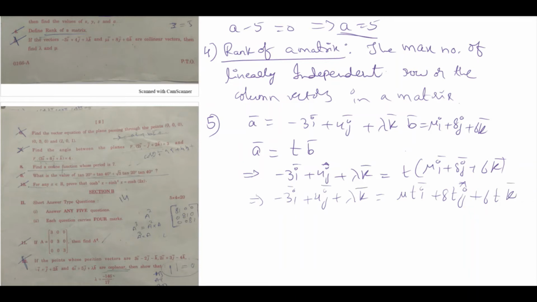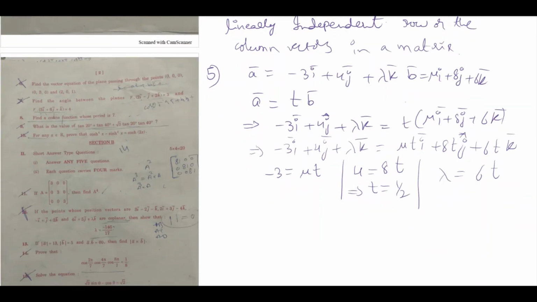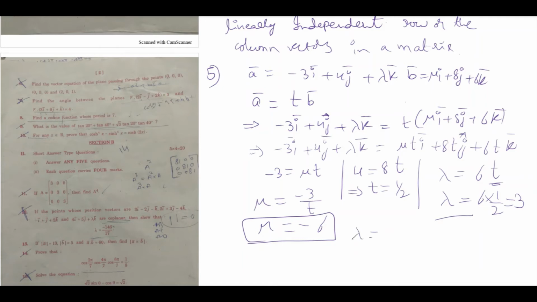So equating the corresponding elements, I get minus 3 equals mu t, 4 equals 8t, and from here t equals 1 by 2 and lambda equals 6t. Replacing the value of t here, lambda equals 6 into 1 by 2, that equals 3, and mu equals minus 3 by t, that equals minus 6. So these are the values of mu and lambda. Mu equals minus 6 and lambda equals 3.